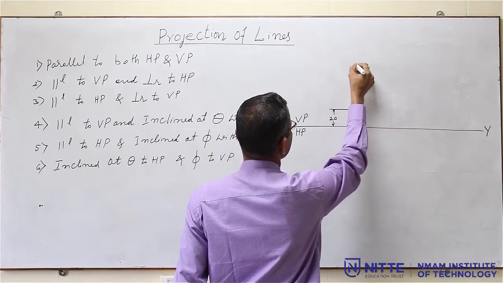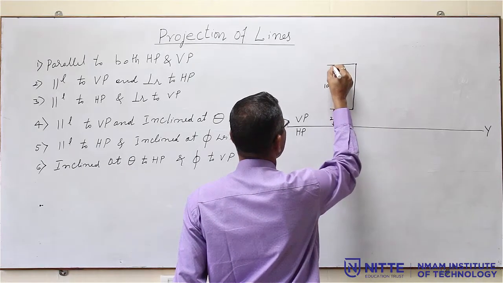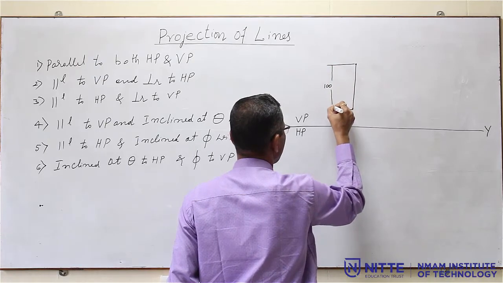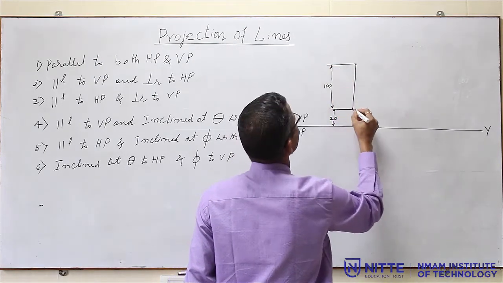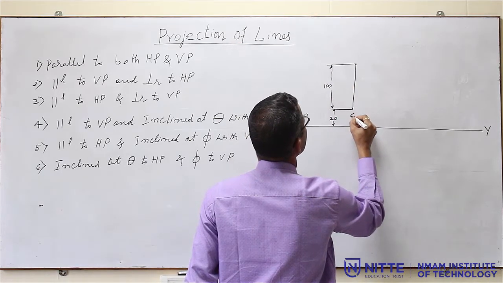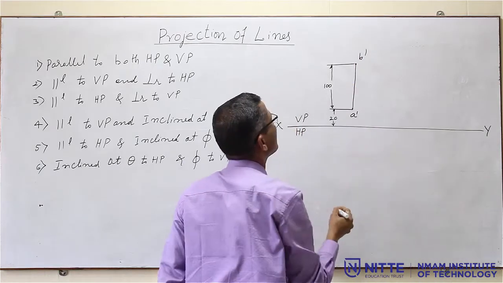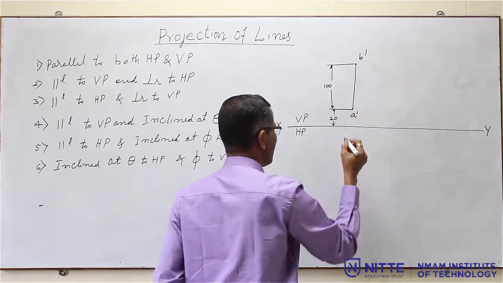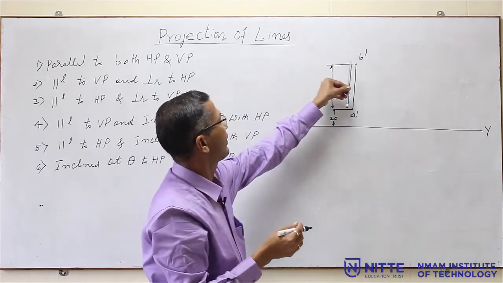Then the length of the line is also given, it is 100. And the name of this is A dash B dash. And the top view is a point, you can see here, this is the front view. The front view is like this.